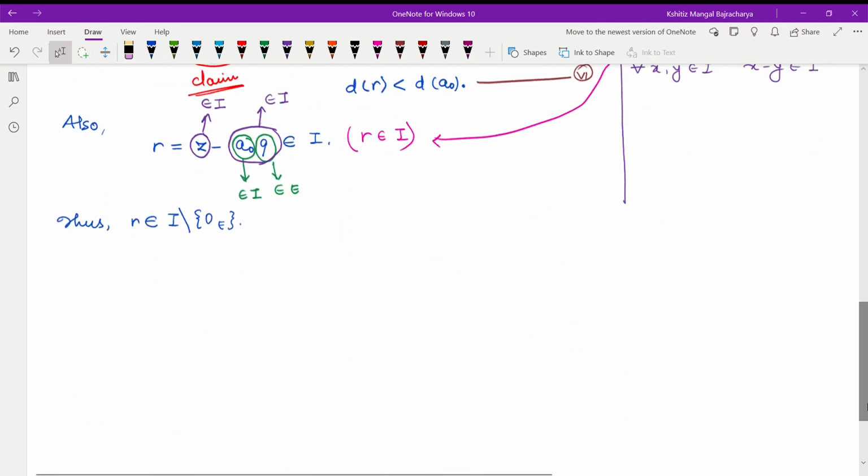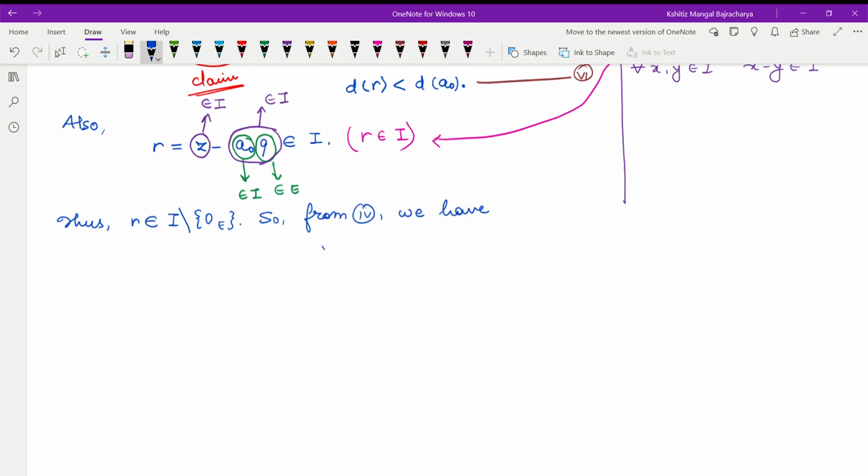So from 4 we have d(a0) less than or equal to d(r). Let's call it statement 7. Now let's compare statements 6 and 7. If we compare them, what can we say?